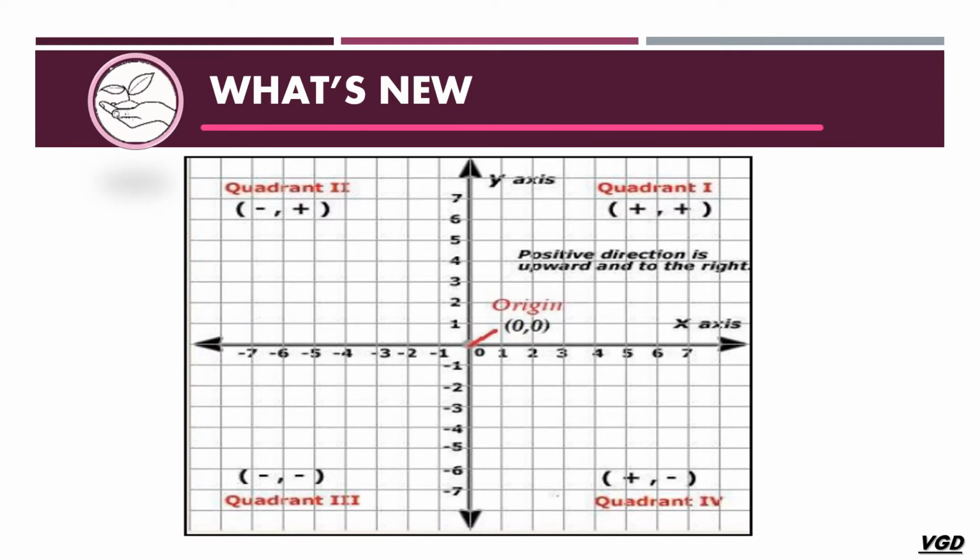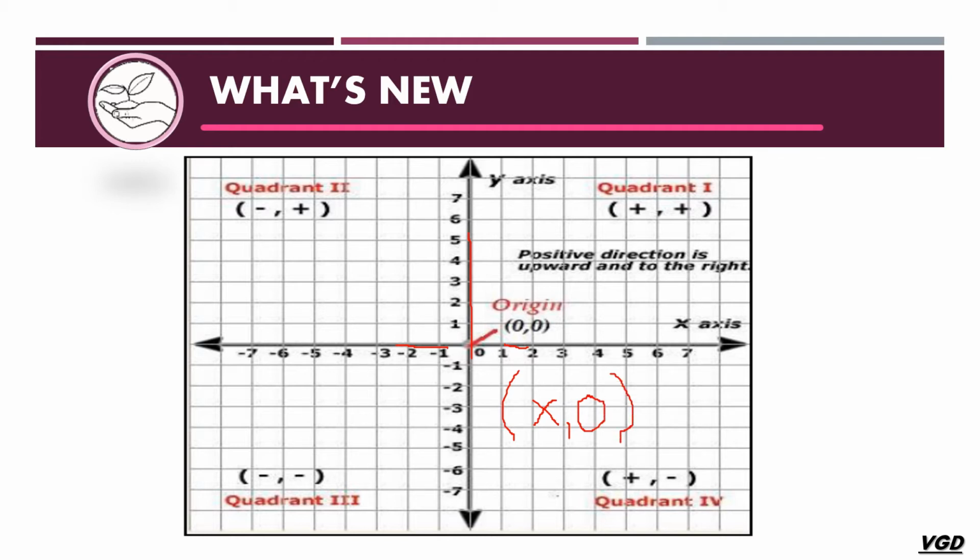There are also points which lie only on the x-axis and the y-axis. If the points only lie on the x-axis, take note that the coordinates are x, the value of x, then y is 0.